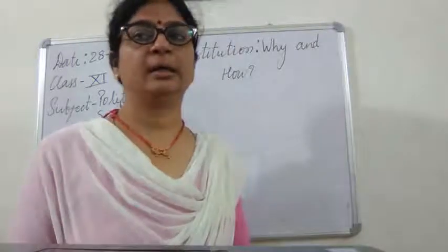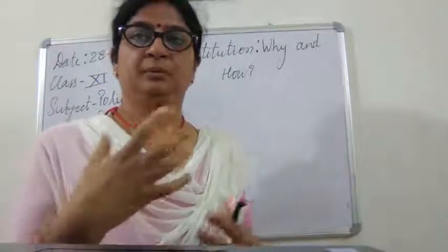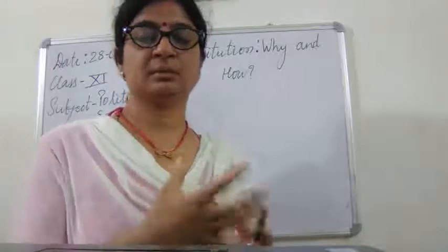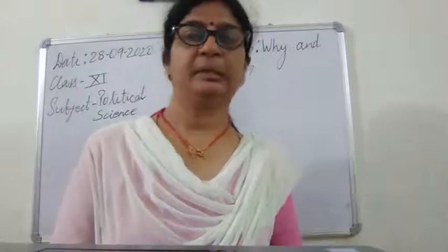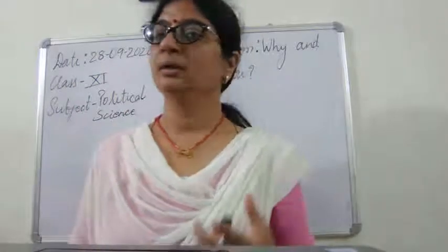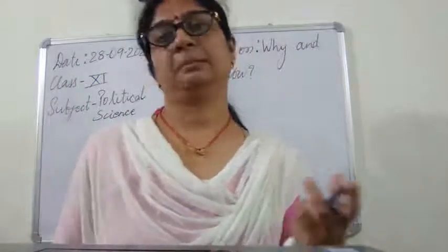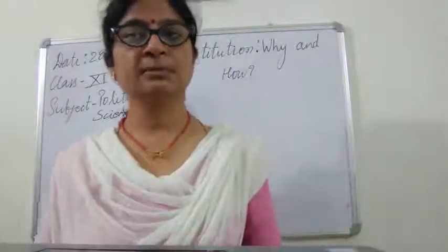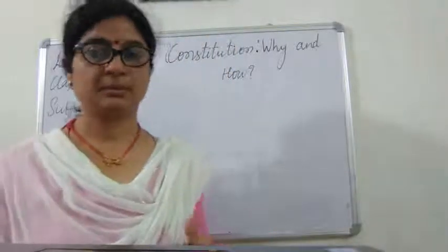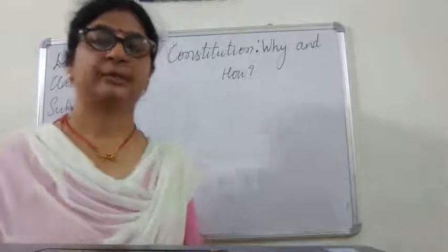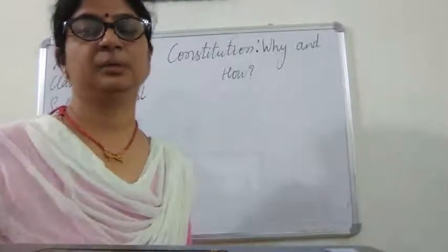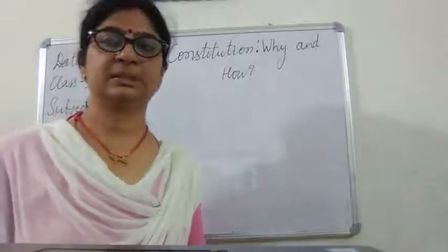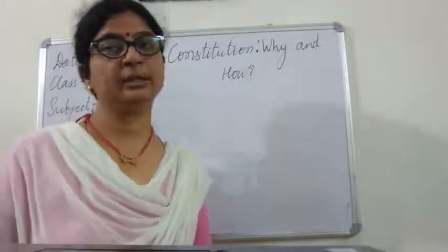If there is any kind of national threat, any kind of threat to national security, then in that situation, the government is empowered to put restrictions, put limitations on the rights of the people, on the fundamental rights of the people. Okay, so this is another function of the constitution.